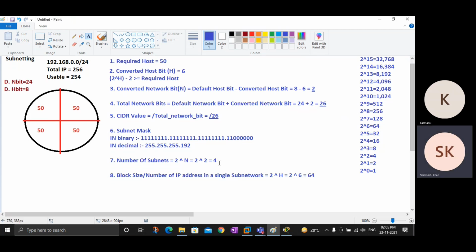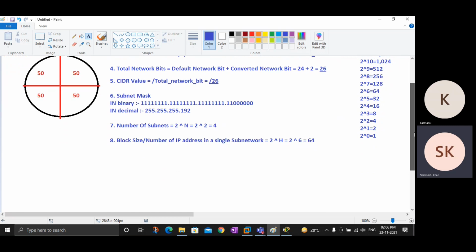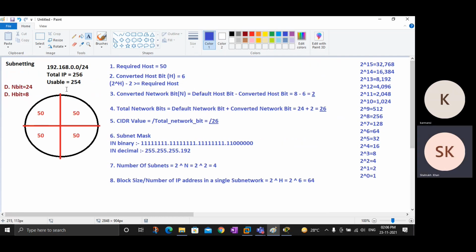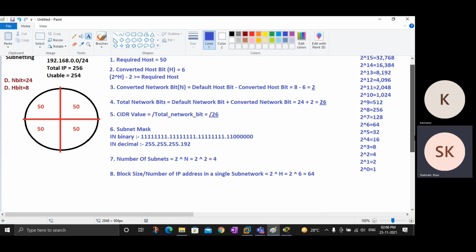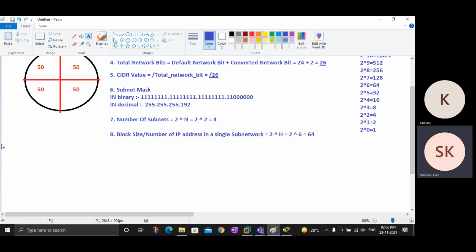Okay, like 4 subnets will be created. We know that when we break it, we will get 4 different subnets. But we also need to calculate the network address and the broadcast address for those 4 subnets. So my IP is starting from 192.168.0.0. Let me write the range here.